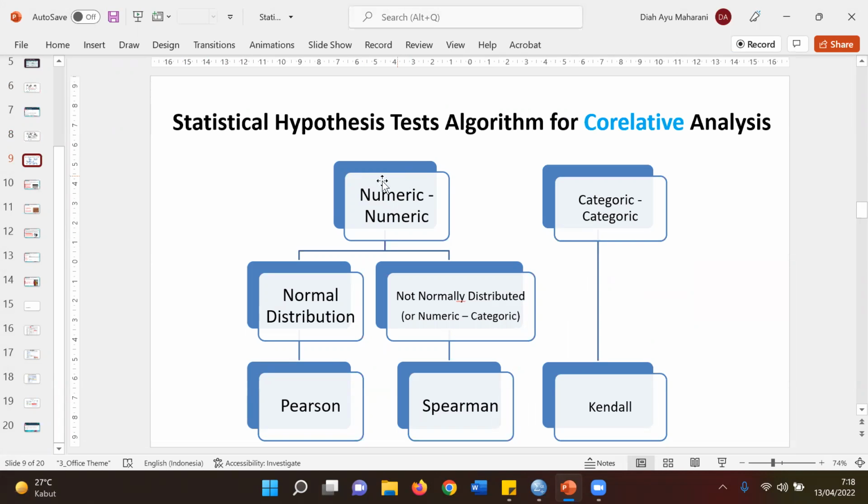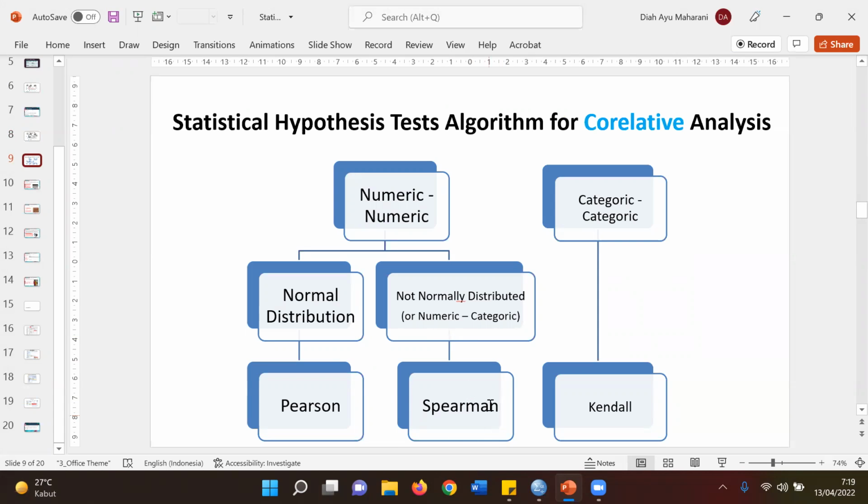If you have numerical data and another numerical data, such as weight and height, and they are normally distributed, you should use the Pearson analysis or Pearson results. And if one variable is not normally distributed, you should use Spearman. Or if both variables are not normally distributed, or if one variable is numerical and the other one is categorical.